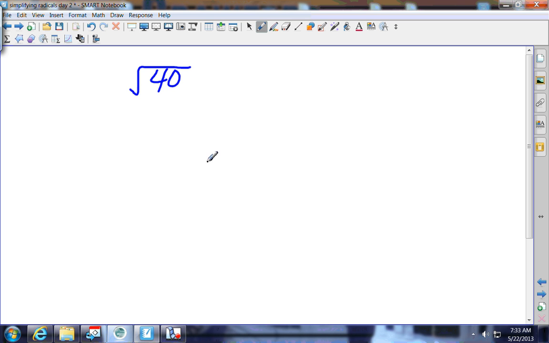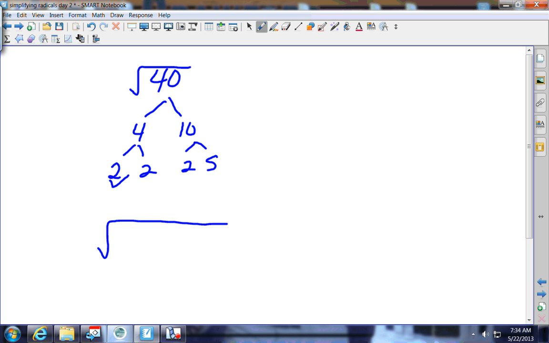If we're trying to simplify this, we're going to break the 40 down, and I've got 4 and 10. And then I have 2 and 2 and 2 and 5. So underneath the square root, I've got 2 2's and then a 2 and a 5.